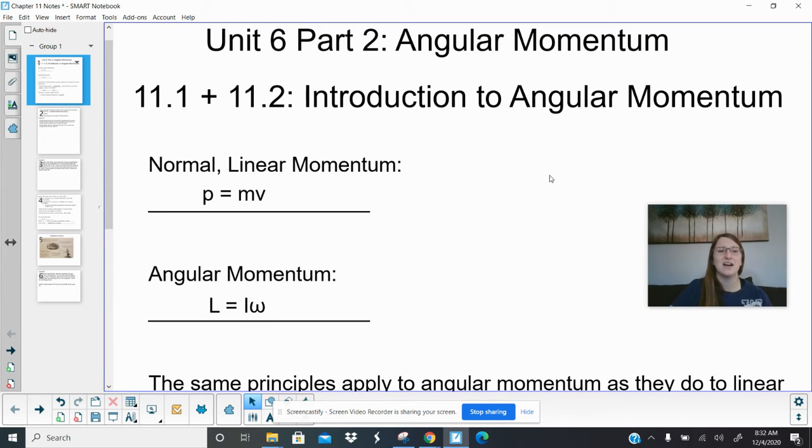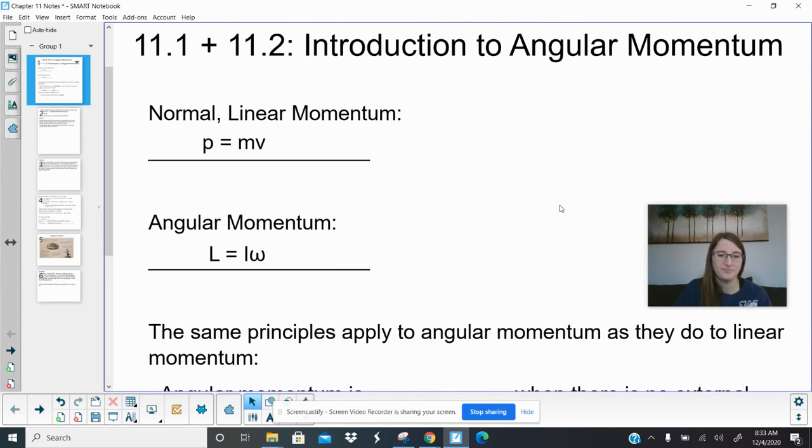Again, kind of weird, there are so many possible formulas in physics because there are so many things we can model with math that they kind of run out of variables. So just think: L is our variable for angular momentum.